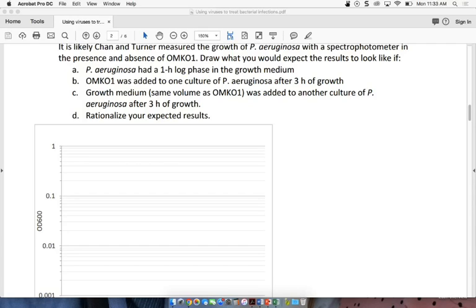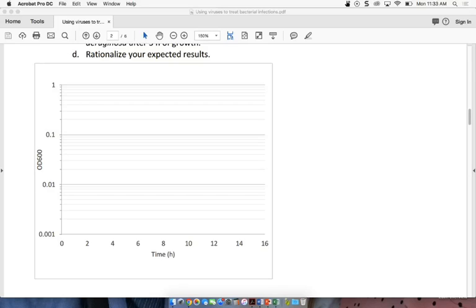So if we were to draw this out, scroll up a little bit. Okay, there we go. So I'll draw my untreated in purple. 1 hour lag phase. And you can start this anywhere on the OD reading.